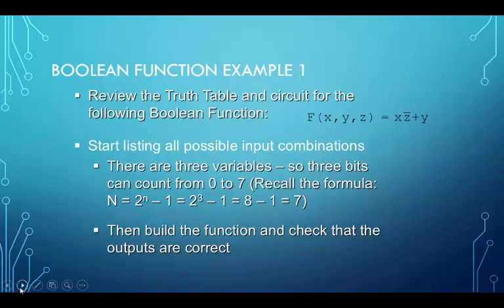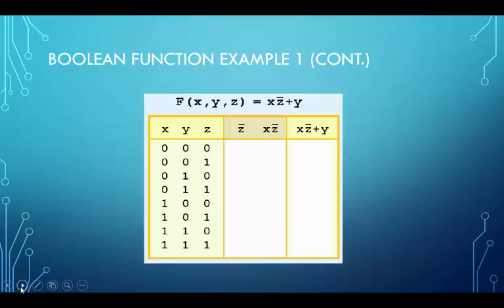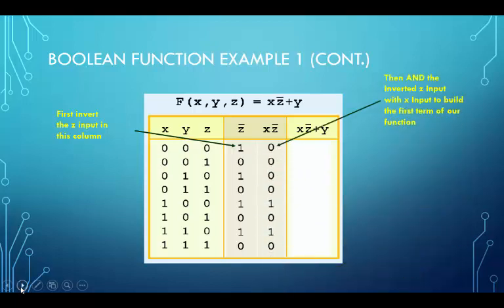Then we build the function and check that the outputs are correct. We begin by taking the z column and inverting all the values, 0 to 1 and 1 to 0. We AND the not z function. X and not z gives us 4 zeros, 1, 0, 1, 0.